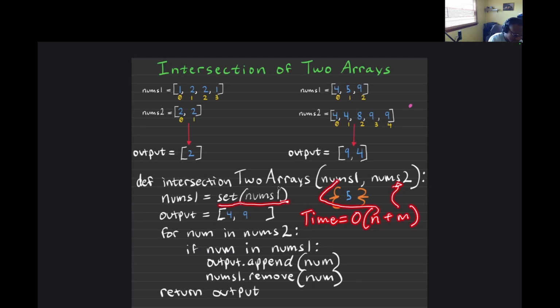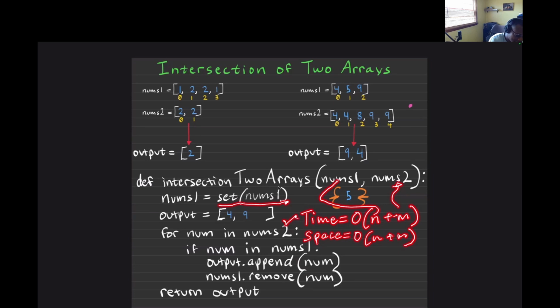So this set function here is causing the big O of n time and the big O of n space as well. So let me go ahead and mention that. So the space is big O of n plus n. And let me finish off with the time too. It's plus m because we're doing this for loop through nums2, right?